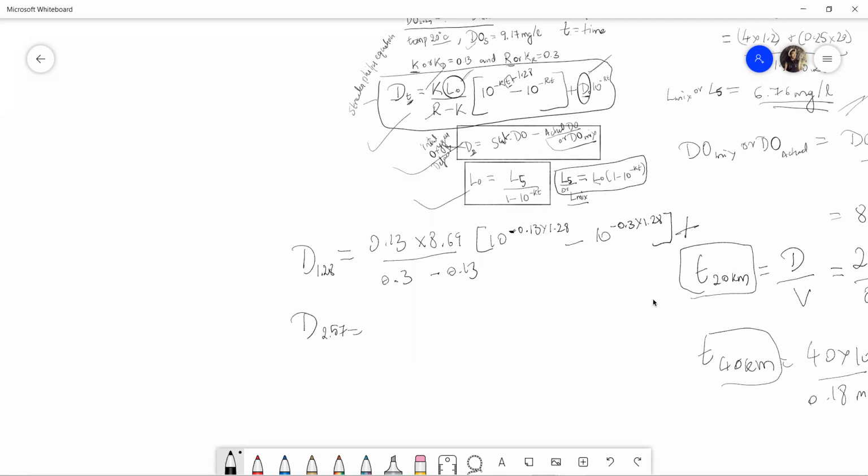Plus D naught. D naught value is how much? 0.72 multiplied by 10 to the power minus 0.3, that is R, into T, T is 1.28. So you'll get the value of the oxygen deficit at 1.28 days as 2.08 mg per liter, right?